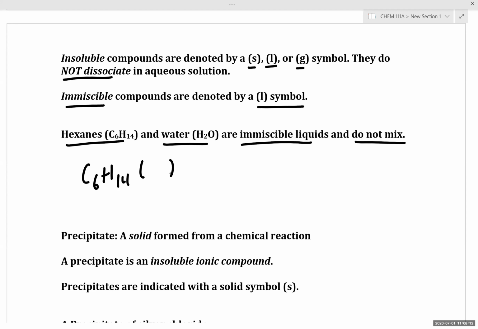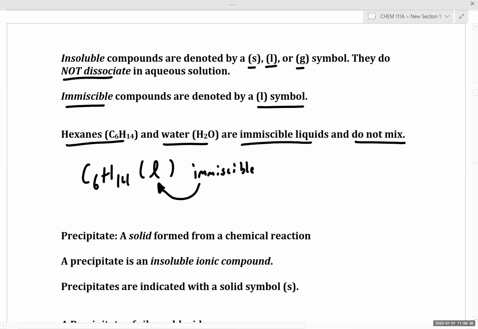Liquid, yep. Miscibility refers to how readily liquids can mix together to form a homogeneous solution. So immiscible liquids are indicated by the liquid symbol.